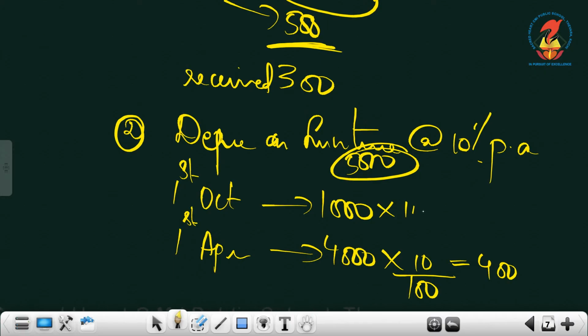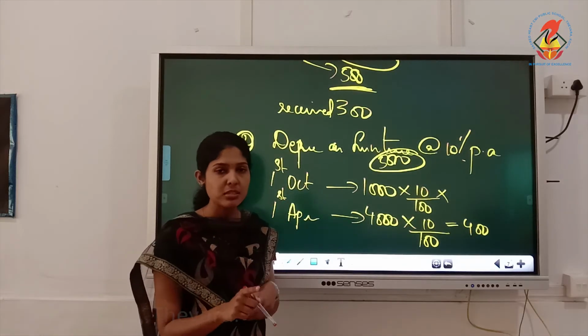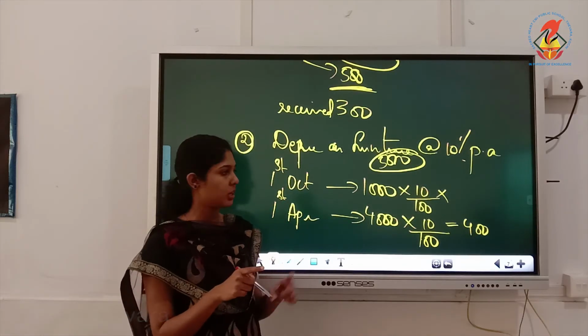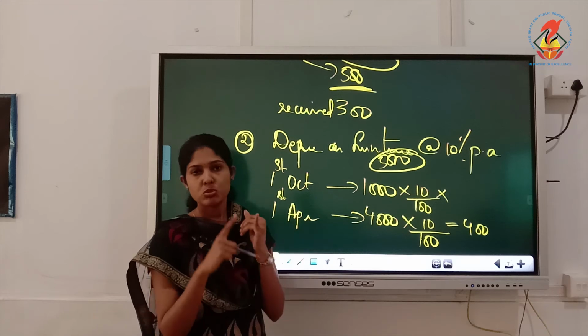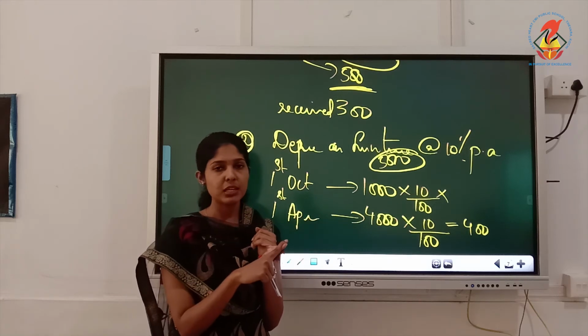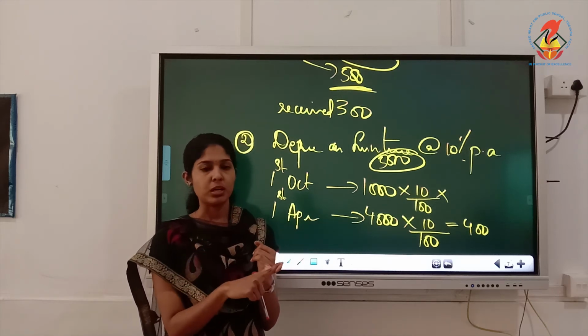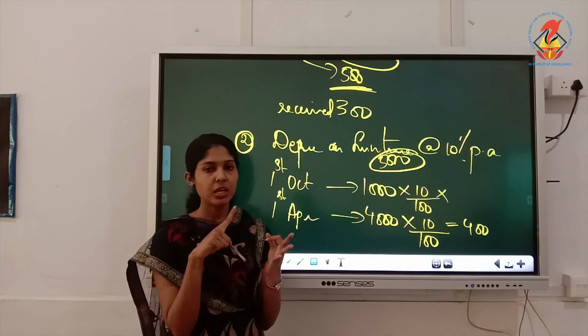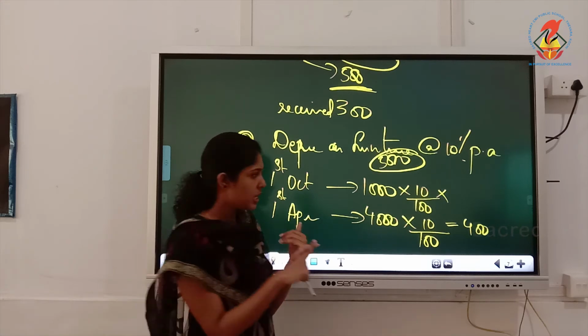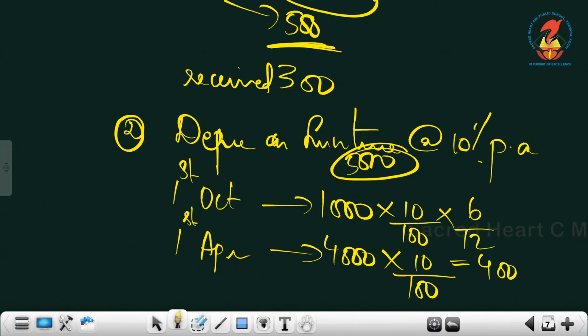But on this 1000, when you compute 10%, compute the time period. For how many months do you have to compute depreciation? Starting from October. October must be included because it is 1st of October. So October, November, December, January, February, March. That means for 6 months you have to consider.